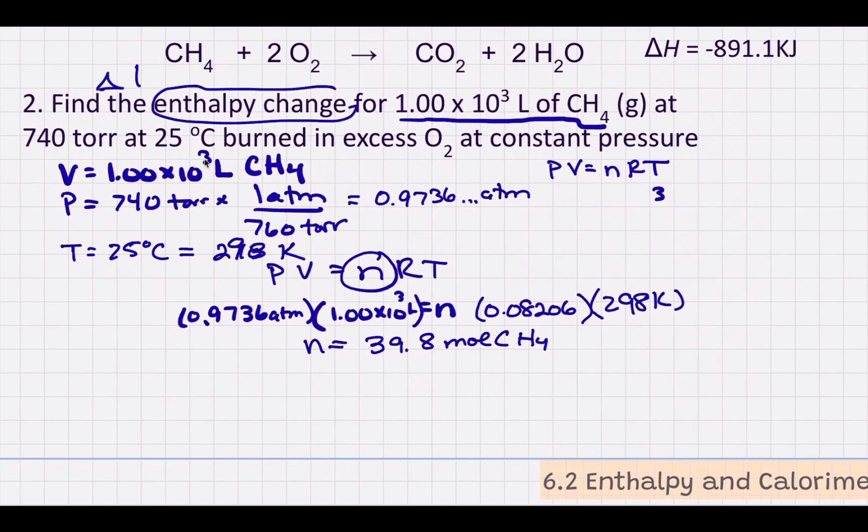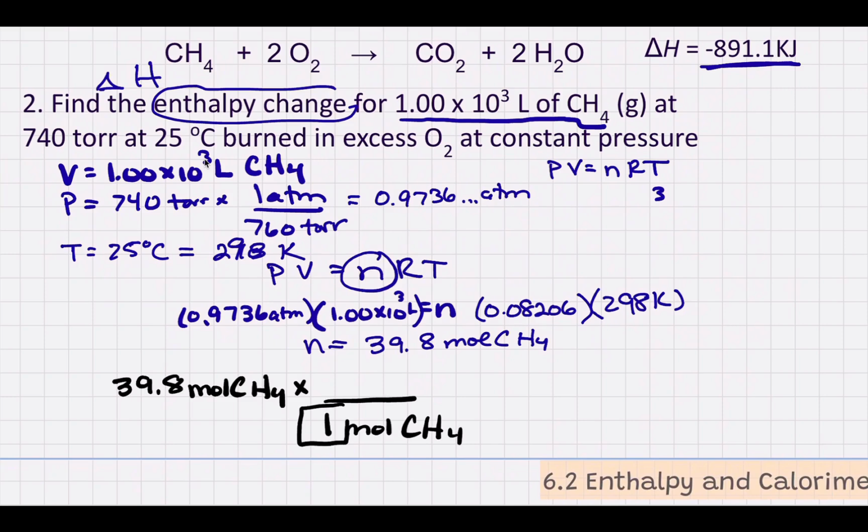They want delta H for this much methane. We know delta H for the 1 mole of methane, but we want to know for this volume at this pressure and temp. So I'm going to start with my moles of methane, and I'm going to make a mole ratio.